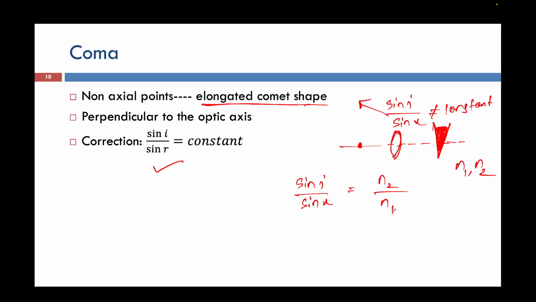So if the velocity of light coming from different points of my object varies, then their focal length will also vary, and since the focal length varies, they give some weird shape, and that gives rise to this distortion known as coma.